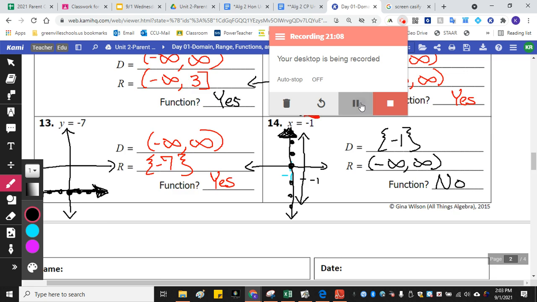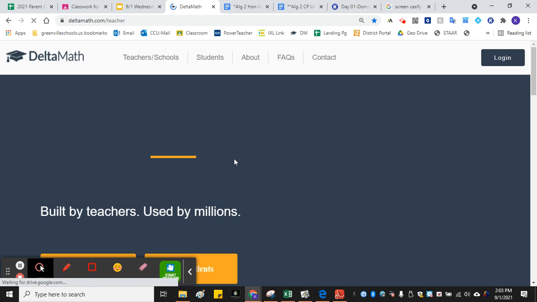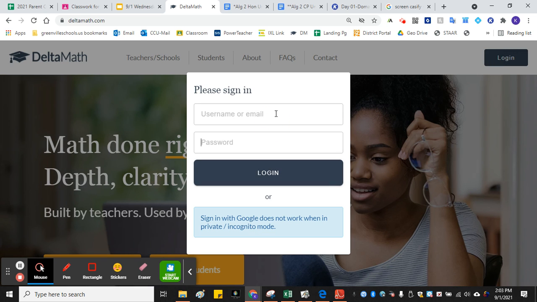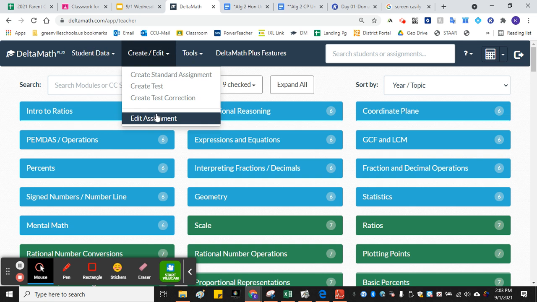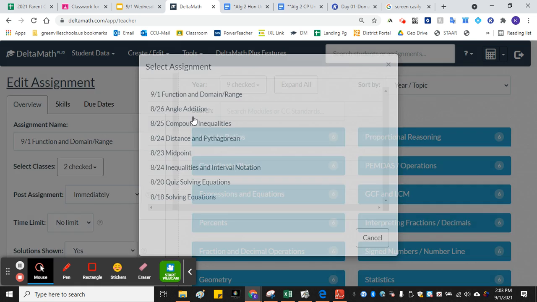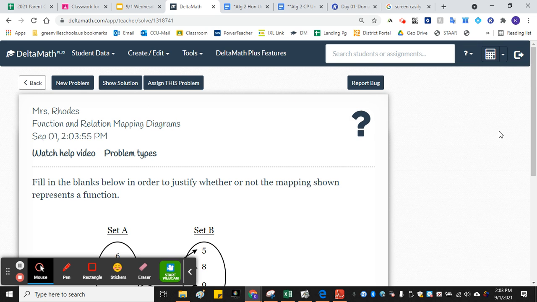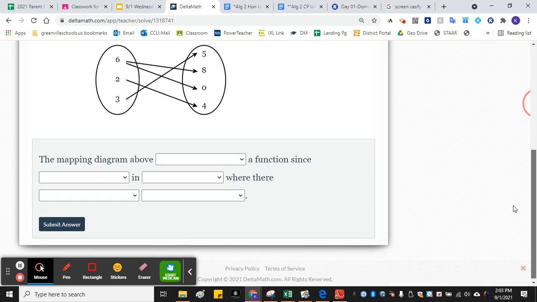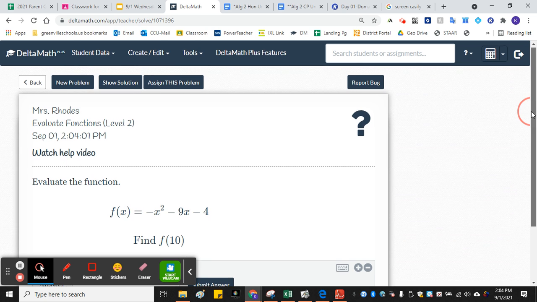Have we covered all the homework? That's what I was about to tell you. So in your homework today, we did mapping, so you're good there. We technically did not do evaluating.